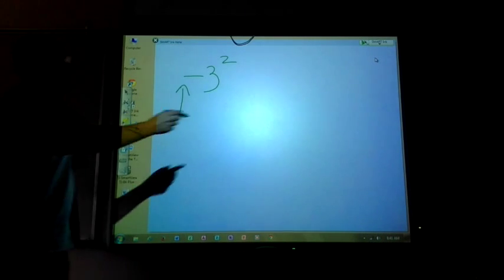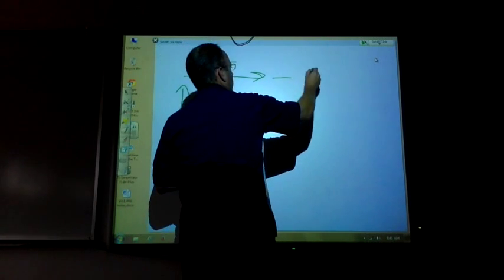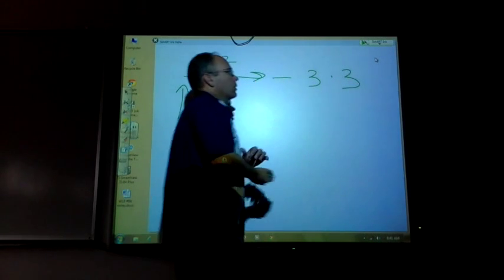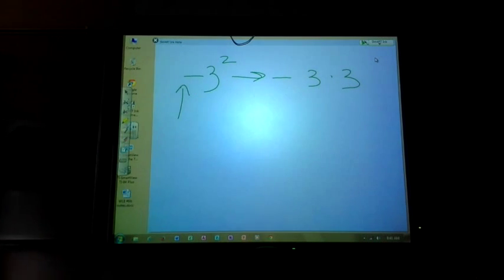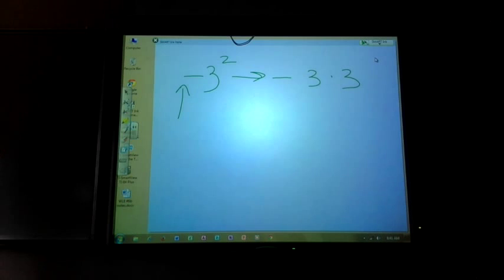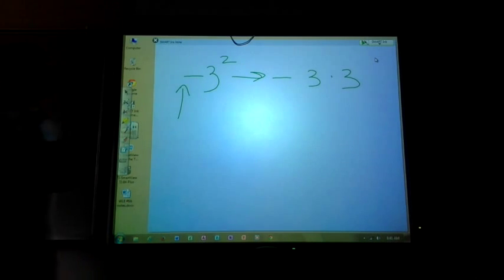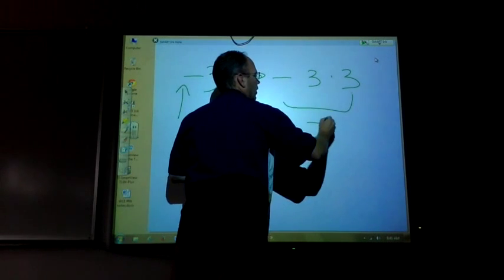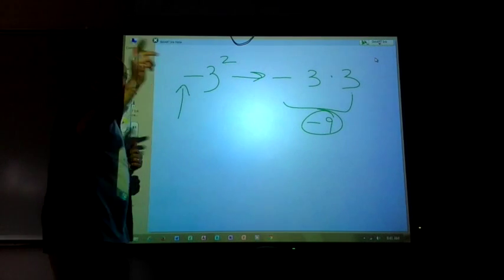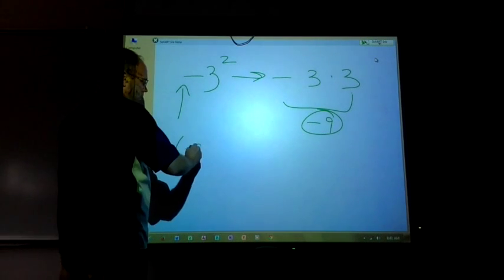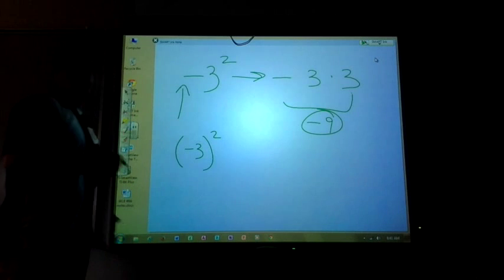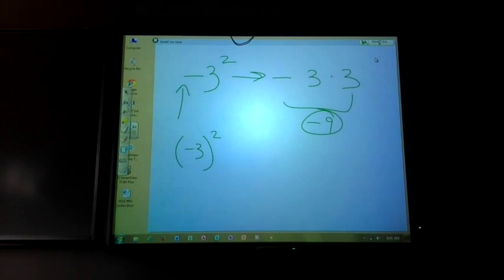So this is actually written like this, because I have the 3 squared. What is that answer? -9. Now, if I did this, how many -3s are being multiplied together? 2.